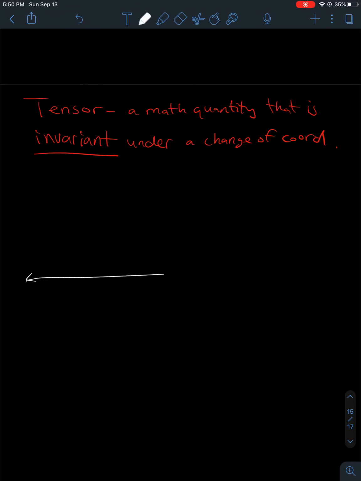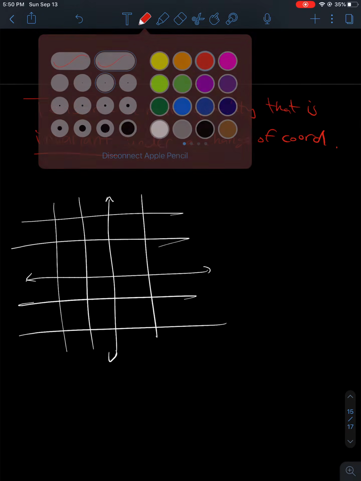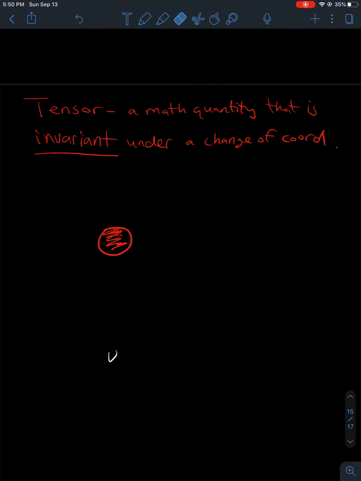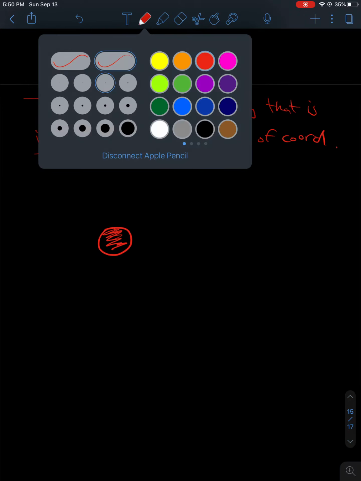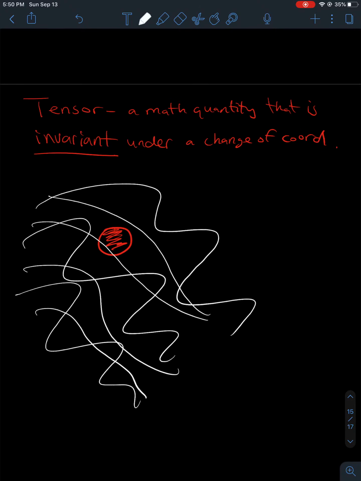So let's say I have a Cartesian coordinate system that looks like this. If I have some tensor, a mathematical object in this coordinate system, and if I change that system into something like this, let's call it the squiggly line coordinate system, the tensor remains unchanged. It's still the same. So, for example, the number 5 would be a tensor.